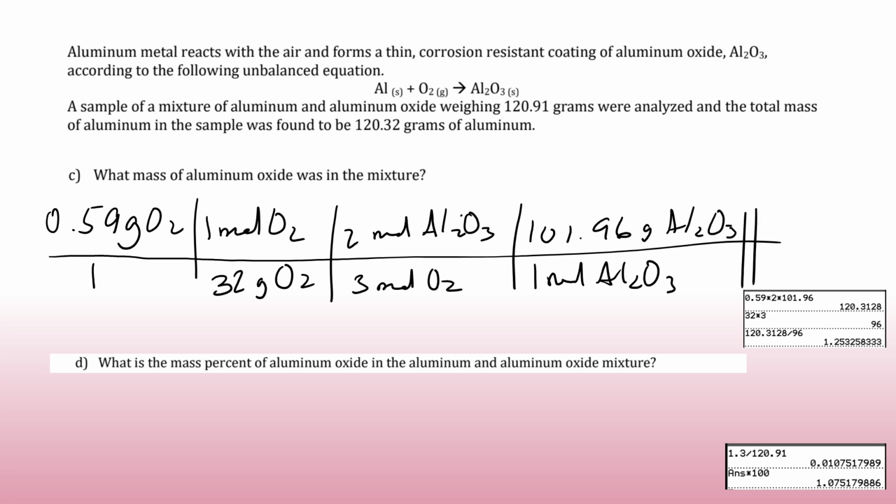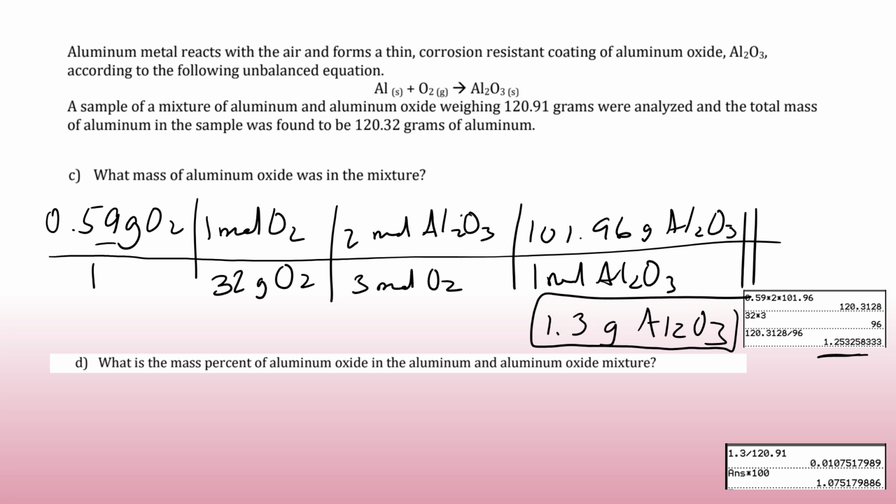You do your math, you multiply the numerators, multiply the denominators, divide the two, and you should end up with this right here. So 2 sig figs, so we had 1.253, so we only have 1.3 grams of Al2O3.